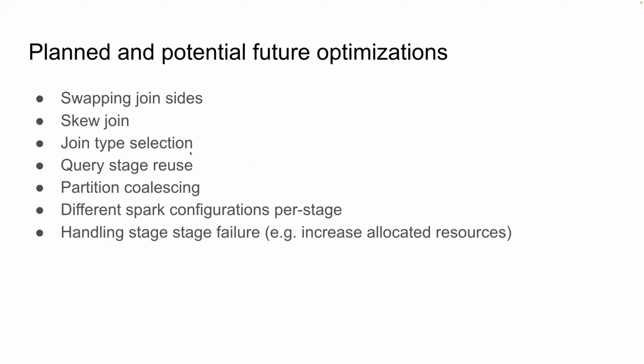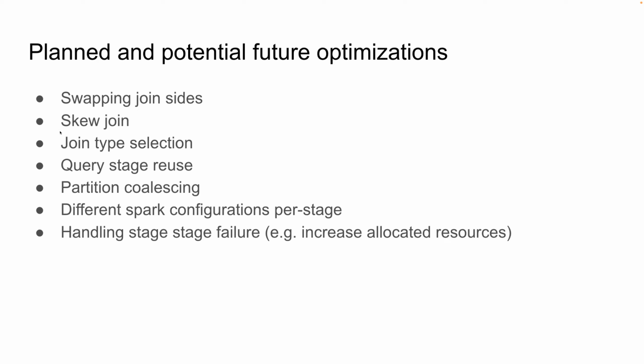One optimization is query stage reuse. Basically, it's a pretty easy case to be able to reuse stages of a query that are the same as each other. So for example, if you have a self join or something, you don't need to scan the table twice because the leaf stages might match each other.